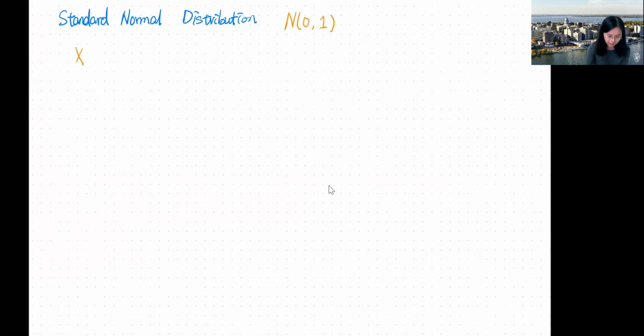So suppose that x is normal mu sigma squared, then we can shift and scale x and define a new random variable y, and y is x minus mu, divided by sigma.